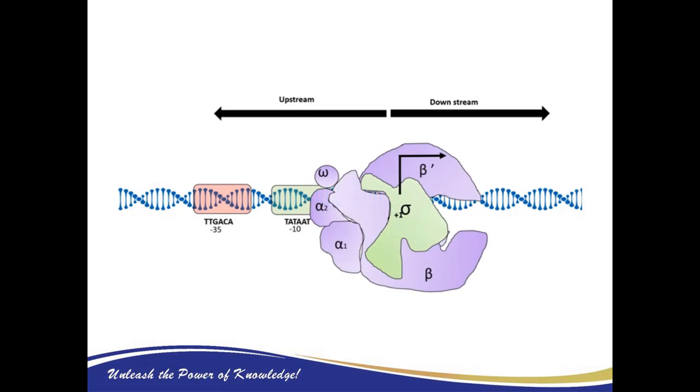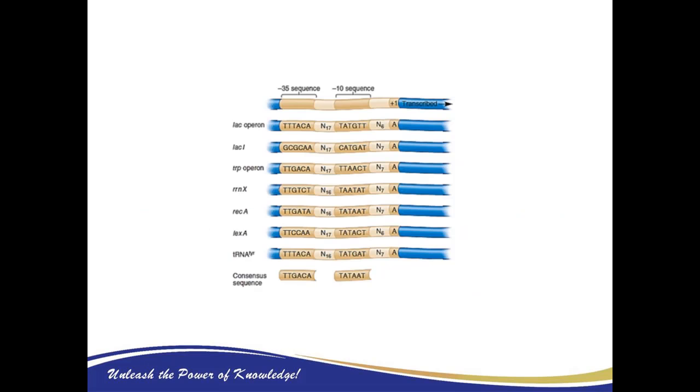So the sigma factor really helps in binding of these RNA polymerase to the desired promoter region. Now these sequences in this -10 base pair and -35 base pair are well conserved, and these are known as consensus sequences.